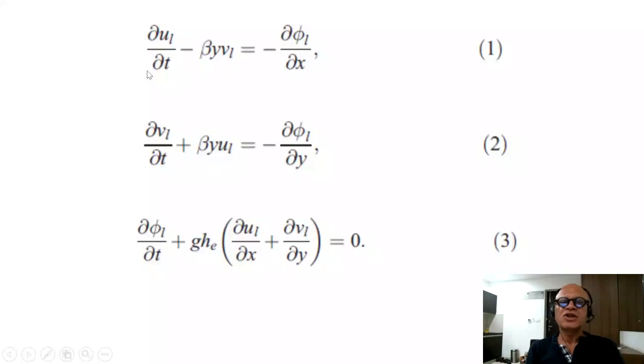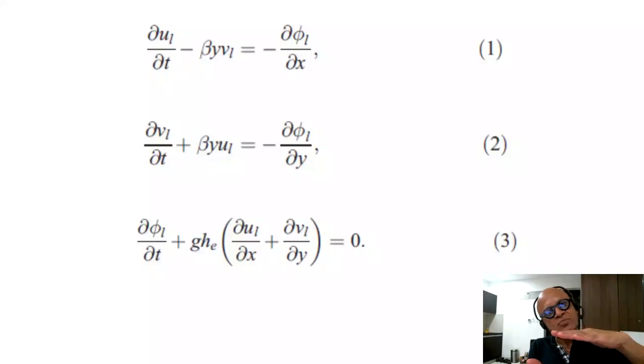The equations we are not deriving here. You can take the full primitive equations and go through certain not so simple scaling arguments to produce the so-called shallow water equations for the deep tropics. When you say shallow water, obviously we're talking about the vertical structure being homogeneous.